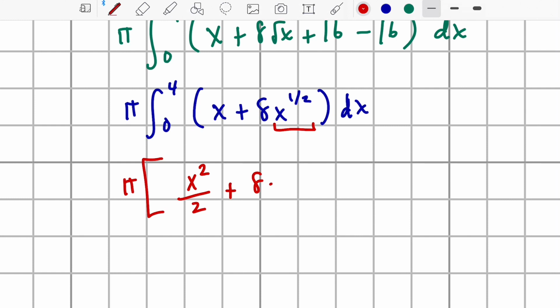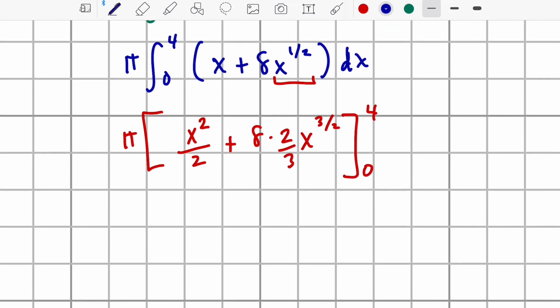So 1/2 plus 1, or better yet, 1/2 plus 2/2, that would be x to the 3/2 power. And then I have to multiply by the reciprocal. So the reciprocal of 3/2 is 2/3. And that's going to be evaluated from 0 to 4.